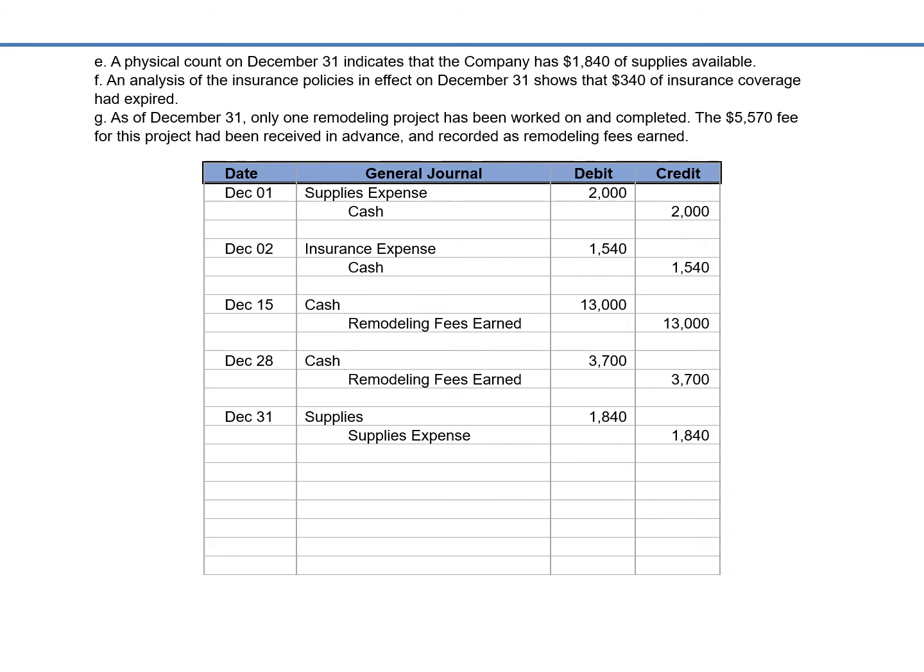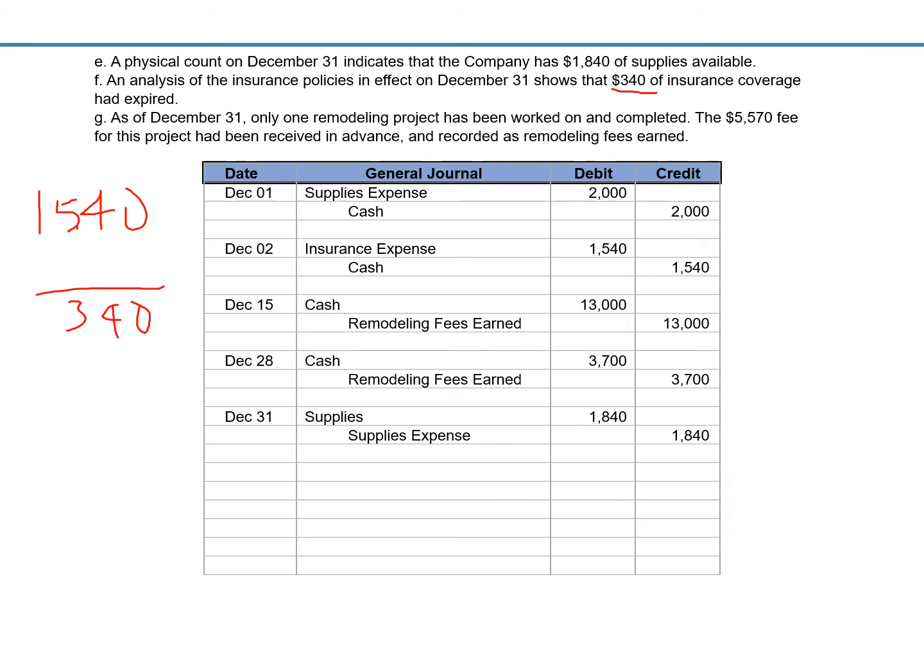Okay? Then in letter F, an analysis of the insurance policy shows that $340 of insurance coverage has expired. This is a little bit different in that we have $1,540 in our expense, but what they're telling us is that only $340 is expired, so our balance should be $340.